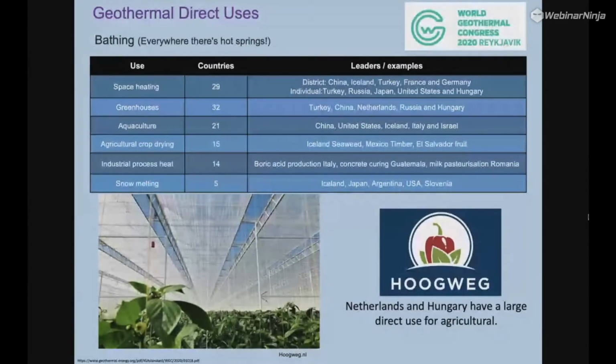In agriculture, crop drying is very country specific for the purpose, but 15 countries record this as a use. For industrial process heat, 14 countries use geothermal, and for snow melting, 5 countries use it. And this is basically keeping pavements warm to melt the snow.